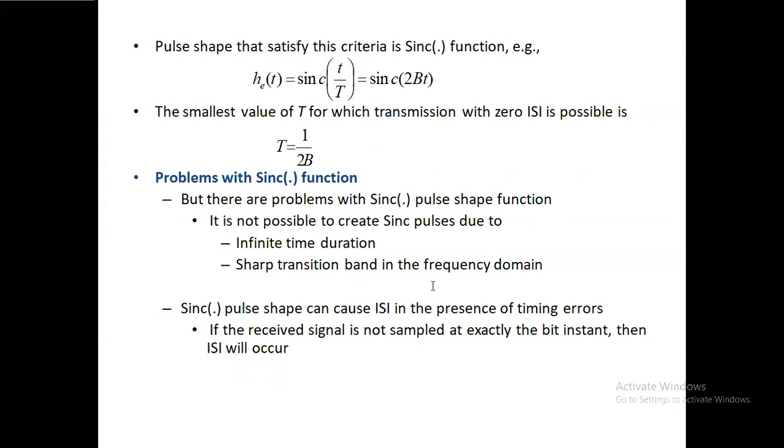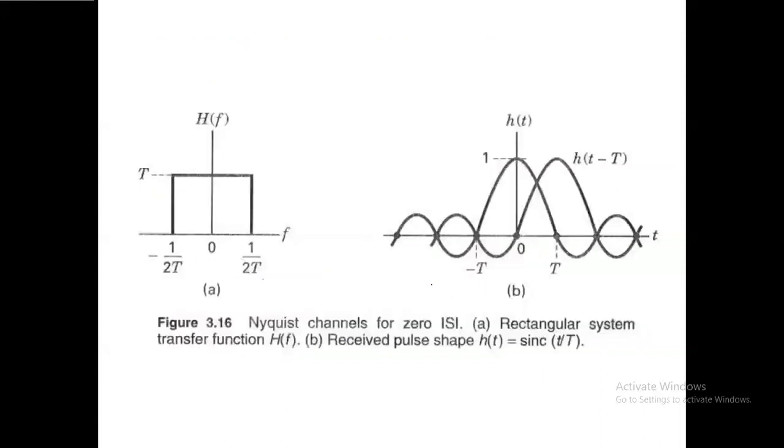So we will see the diagram here. There is a simple understanding of this: what the Nyquist criteria is that we transmit these sync pulses instead of rectangular pulses. So what we have to do, we have to design a filter whose frequency response is a rectangular pulse.